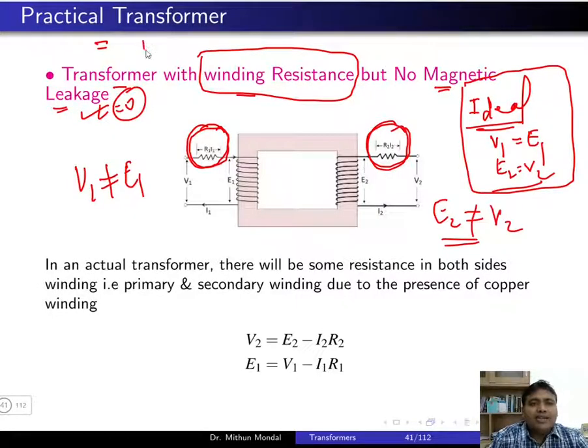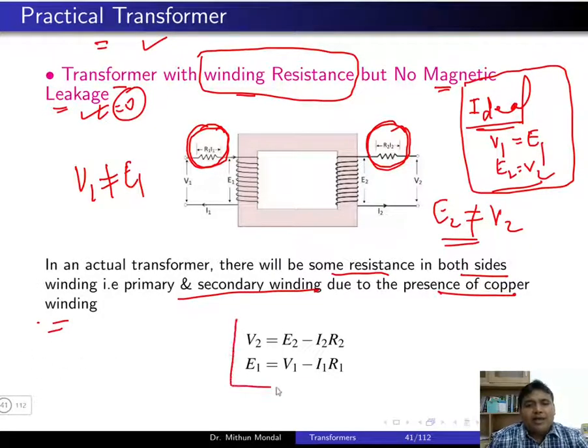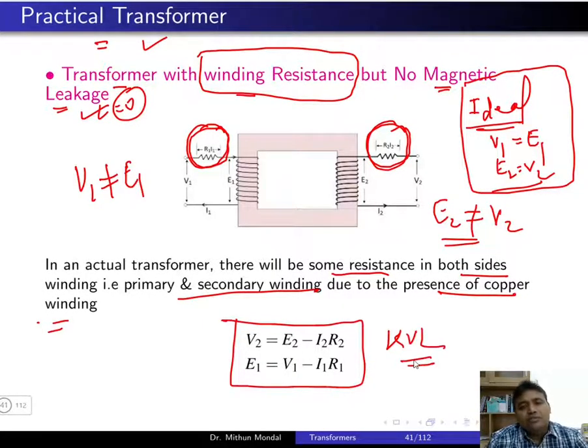In the practical transformer, there will be some resistance on both sides, that is the primary winding and the secondary winding, due to the presence of the copper winding. So we can write the KVL equation on the primary side and the secondary side, using Kirchhoff's voltage law.